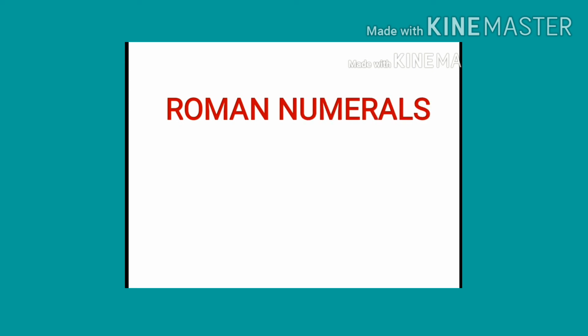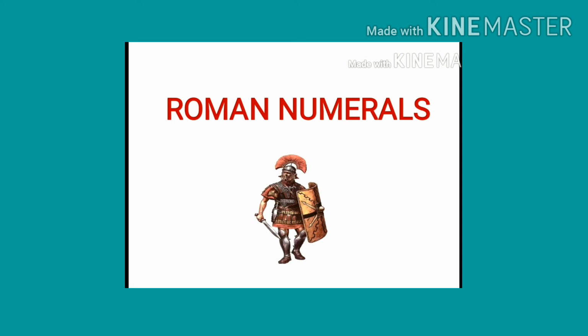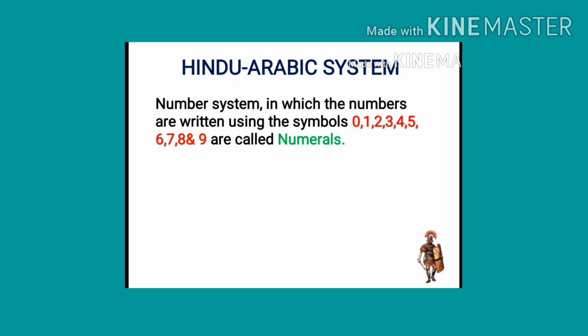So today we are going to learn about Roman numerals. I have already given an introduction about Roman numbers. So let us learn about the Roman numerals today. Now, before that, let us see what our system says. Our system is known as the Hindu-Arabic system because in our number system, we write the numbers using the symbols 0, 1, 2, 3, 4, 5, 6, 7, 8 and 9 and they are called numerals.